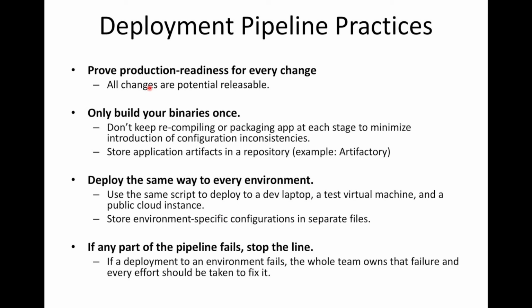Okay, so some of the common practices around our pipeline deployments. Well, we're using our pipeline to prove that our code is production worthy. So that's the purpose of the pipeline.